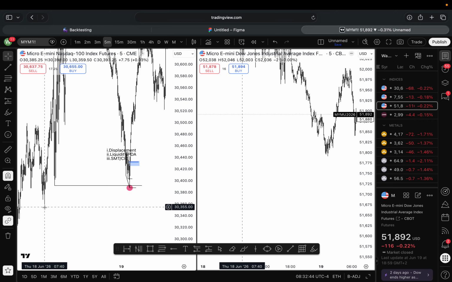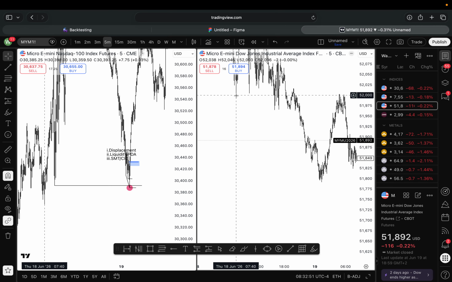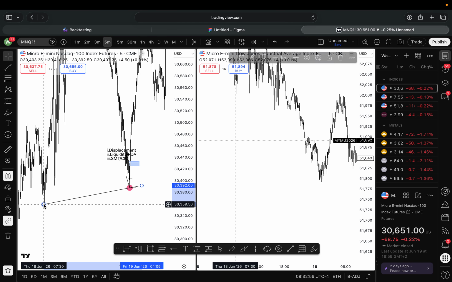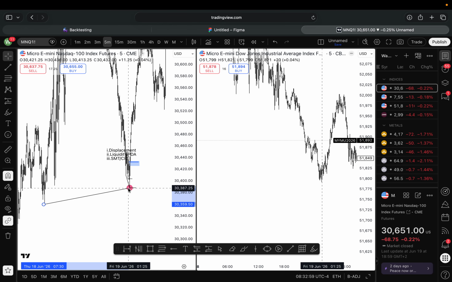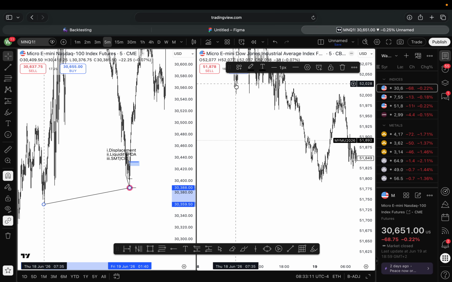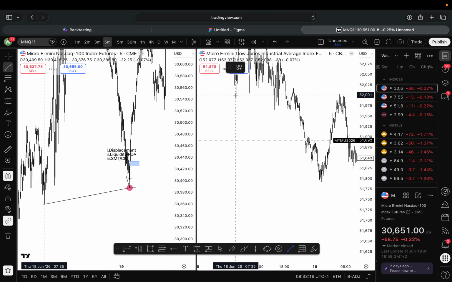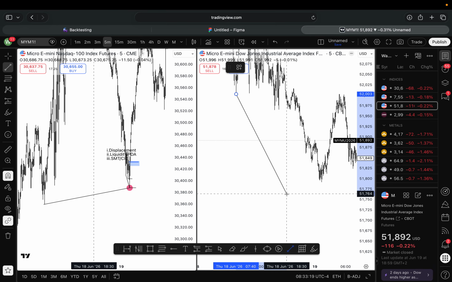So as we can see here at the bottom, 18 June 7:40 is all the way up here, right? 18 June on NASDAQ doesn't take the low, but on YM, the low gets taken quite a while back, right? So there's SMT here.